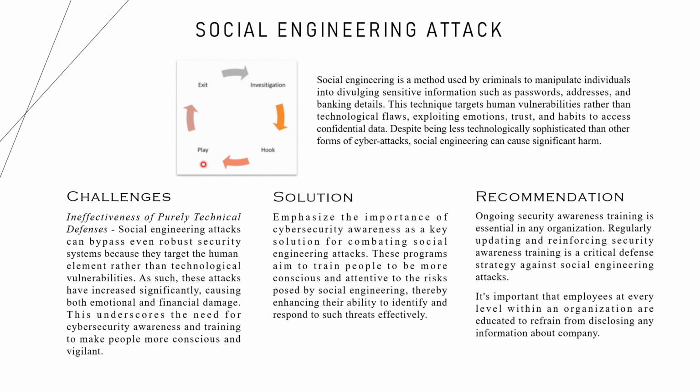For the third, play. After establishing a relationship, the attacker exploits it to deceive the target and acquire the needed information. For the last, exit. Once the attacker has obtained the required information or the target has taken the intended action, the attacker stops communication with the target and shifts their focus to another potential victim.